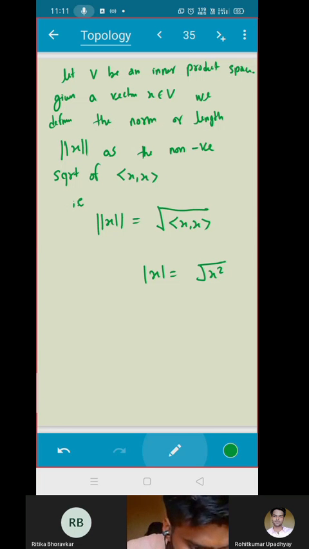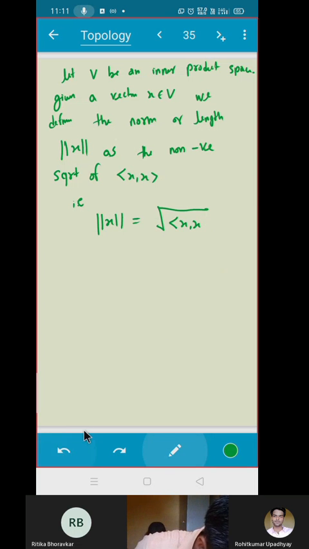Good. So let me tell you the first example. Euclidean space is the first example we should consider. What is the norm? That is a square root of inner product of x, x. Example, Euclidean space you can take.